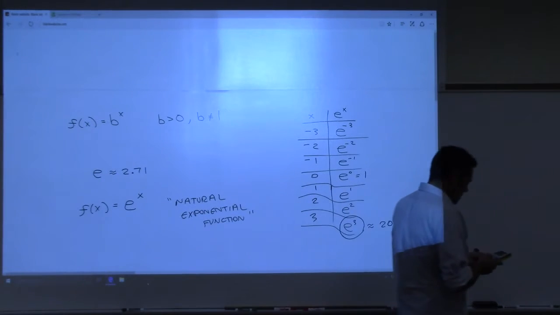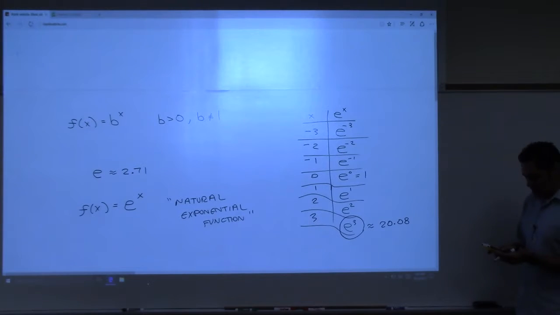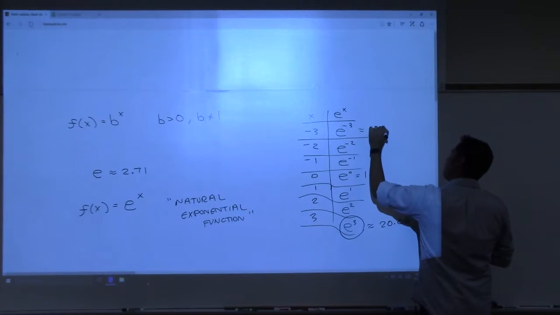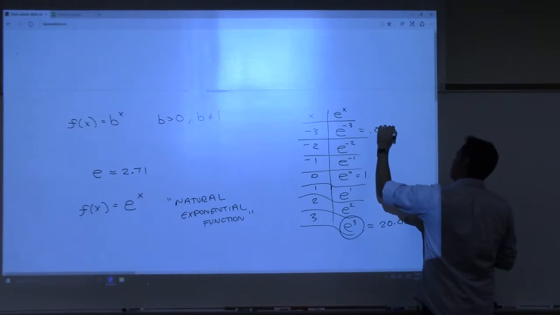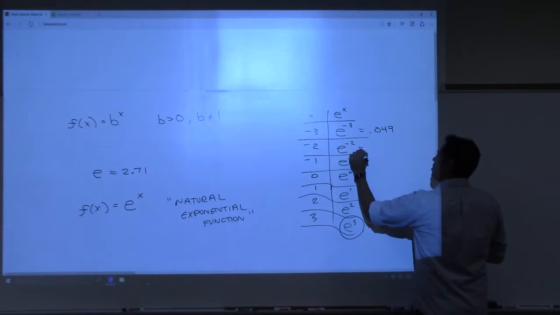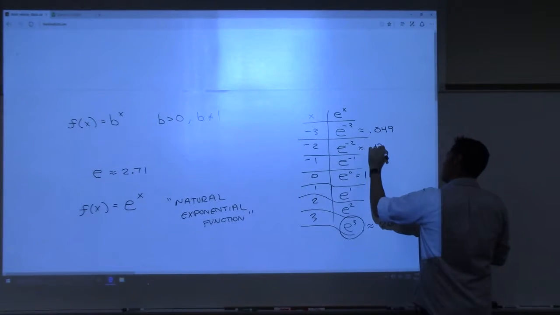All right, e to the negative 3, I'll go back up to the top here. You should get approximately 0.049. That's 497. Okay, I'll just put 49. E to the negative 2 should be approximately 0.135.